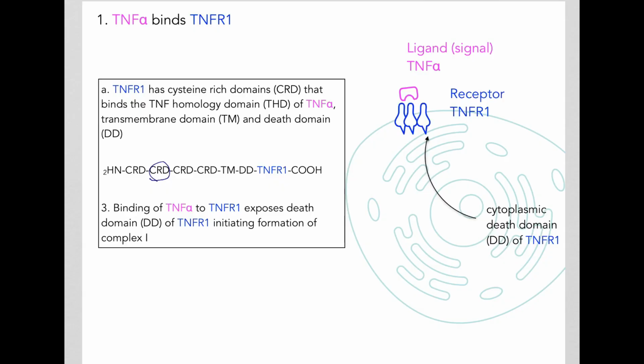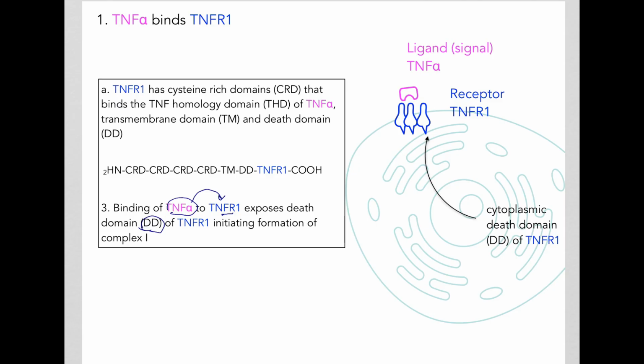Besides the cysteine-rich domains, TNFR1 also has the transmembrane or TM domain that allows the receptor to be embedded in the plasma membrane, and it also has a DD domain. So when the TNF-alpha ligand binds, the receptor changes shape and its DD domain gets exposed.